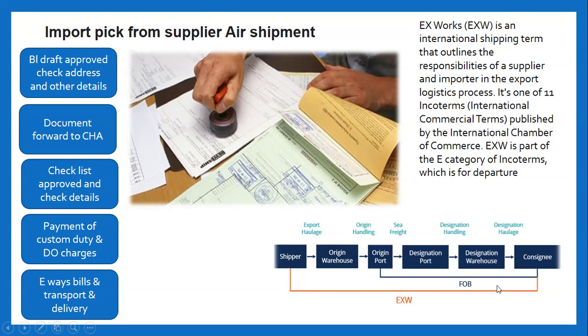If the shipment is CIF, in this case the freight will be prepaid. So we need to check all details in the draft while approving this airway bill copy, like the address of both importer and exporter, port of loading, port of discharge, item description, HSN, and other details.